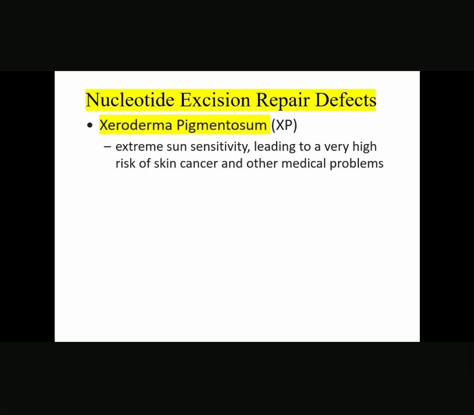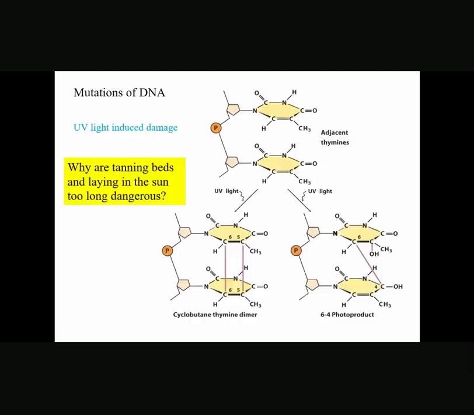So here's one disease name I will ask you to put into your vocabulary note. Xeroderma pigmentosum is one of the highest profile disorders that is a defect of nucleotide excision repair. And these patients have an extreme sensitivity to sunlight because they cannot fix UV-induced damage to their DNA.